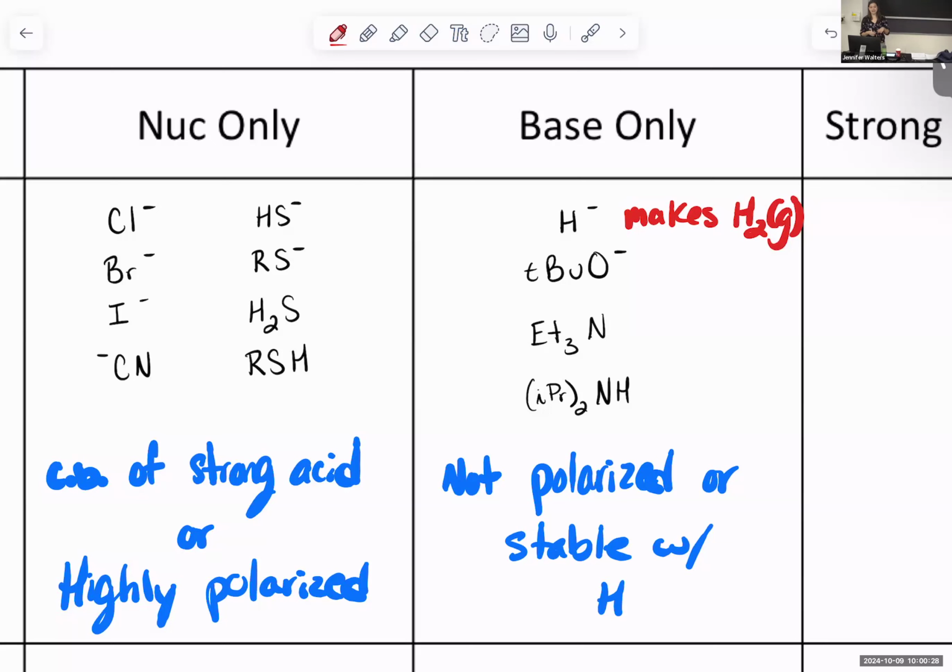So it's going to take a proton and then bubble out really quickly. So hydride is going to be base only because it's really small. It'll take that proton really quickly, and as soon as it does, it forms gas and it goes away. So hydride is a base only, and then the rest of these are our bulky bases.